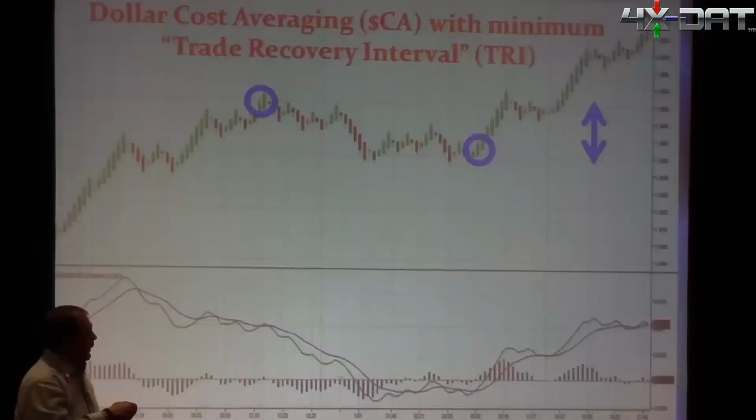You don't want to have the trades spaced out less than that amount. So let's just say that you've got a pound yen that is trading at 200 pips a day average. So you've got about minimum 40 pips.